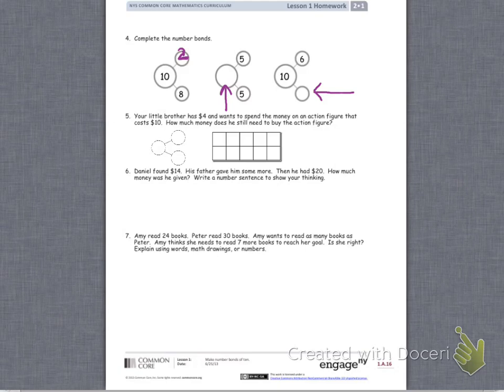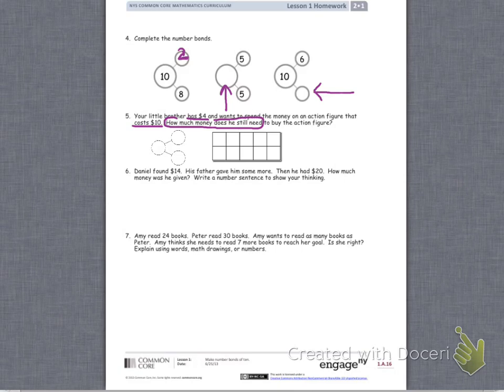So the little brother has $4 and he wants to spend the money on an action figure that costs $10. How much money does he still need to buy the action figure? So I like to circle the question, how much money does he still need? Those are the important words.